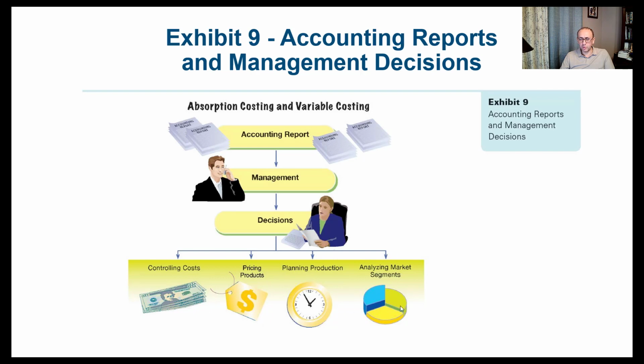Remember these 4 points, because we're going to elaborate on the impact of absorption costing and variable costing based on these 4 factors that affect management decisions. We can also think about it the other way: these four elements have an impact on how management is going to use absorption costing versus variable costing.